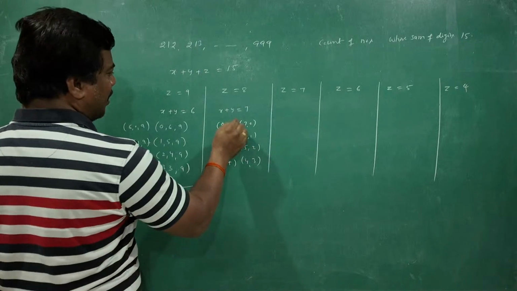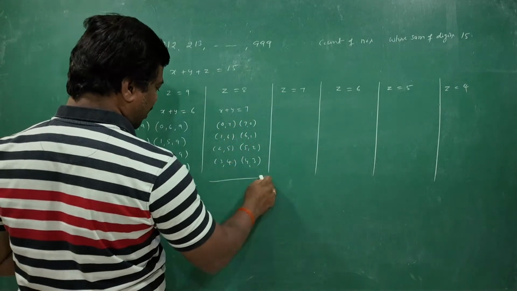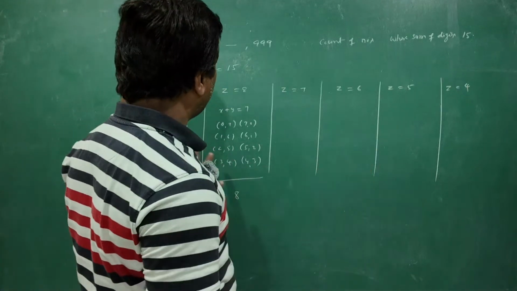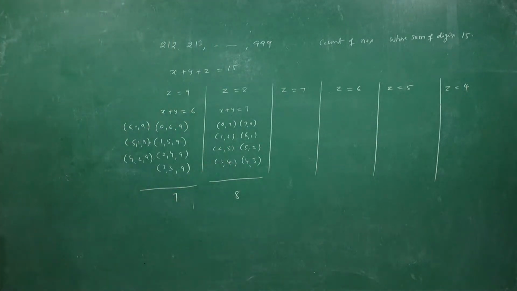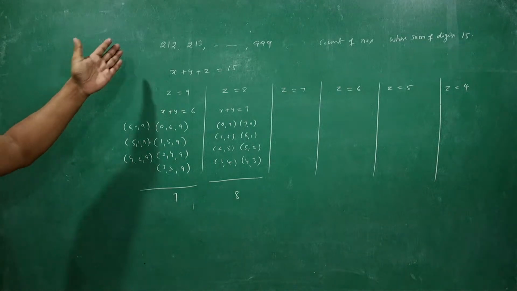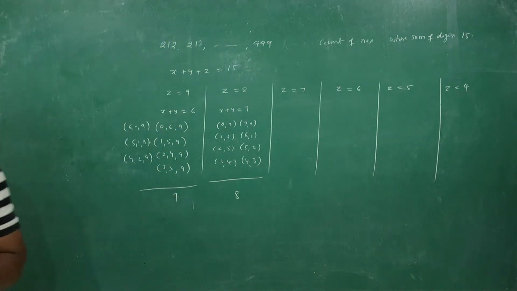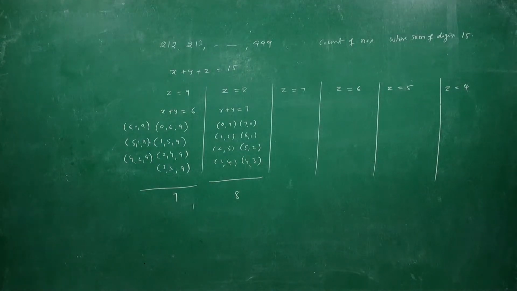Enough. That's 1, 2, 3, 4, 5, 6, 7, 8 total. So in this way you have to count the numbers between 212 and 999 whose sum of digits is 15. So finally your answer is 64.